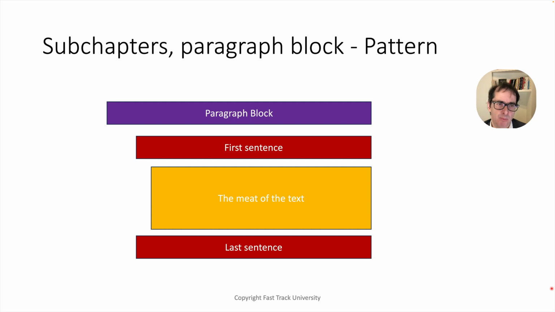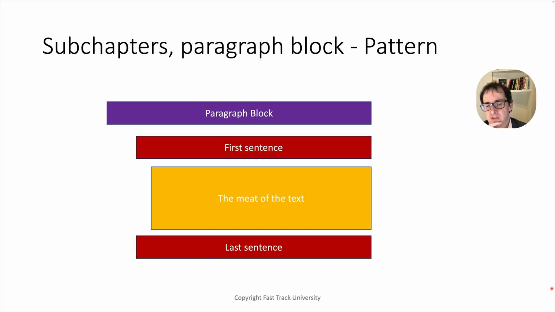It's the same with sub-chapters and paragraphs as well. Here I give an example of paragraph blocks. Very often, but not always, the first sentence will give you an idea of what the paragraph is going to be about, and the last sentence will often give you the summary of that paragraph.